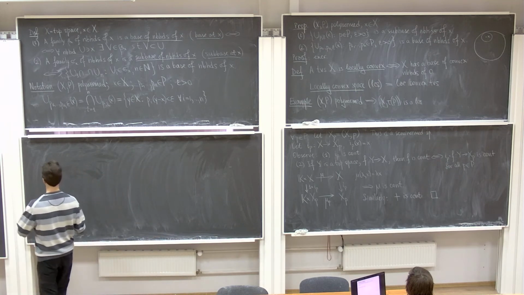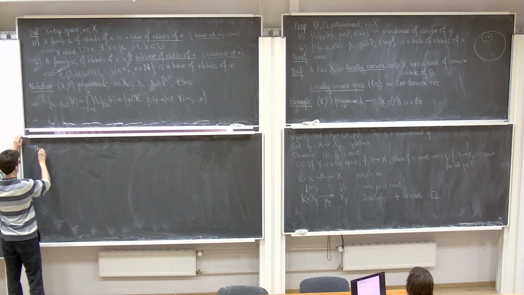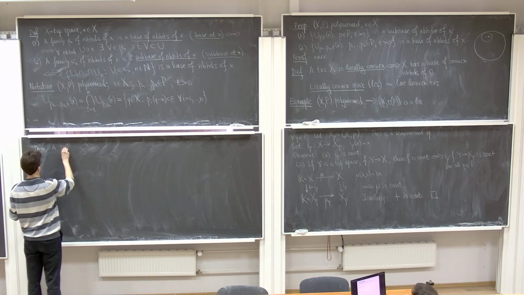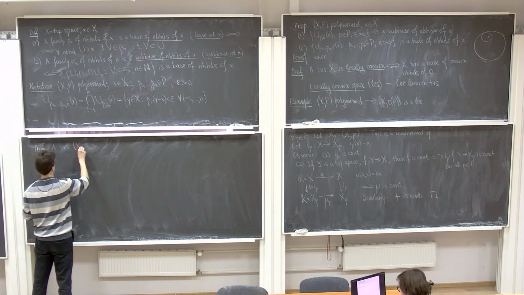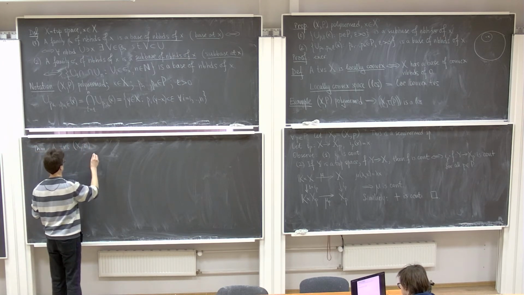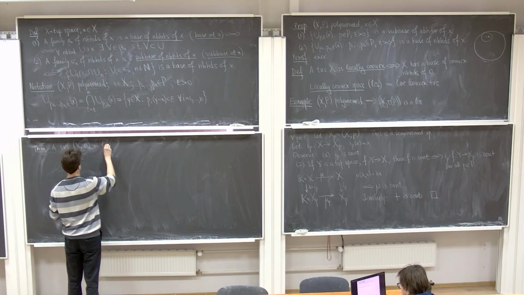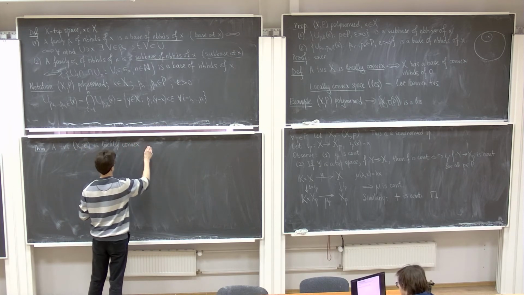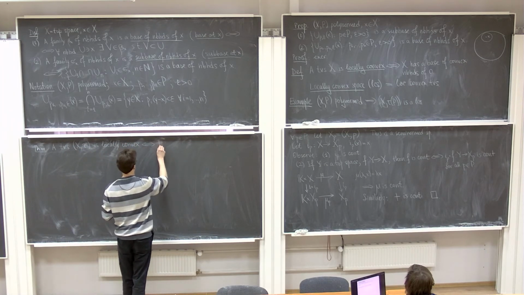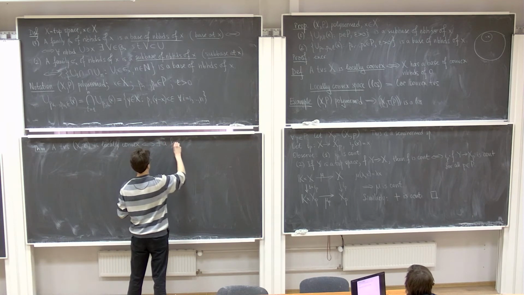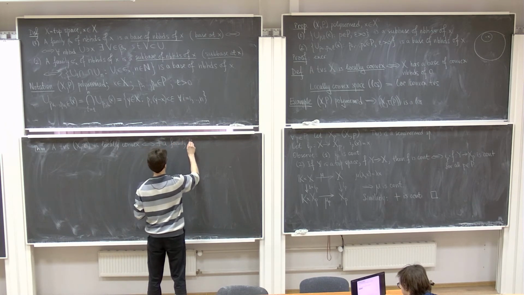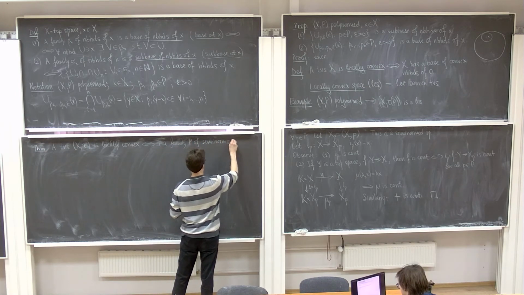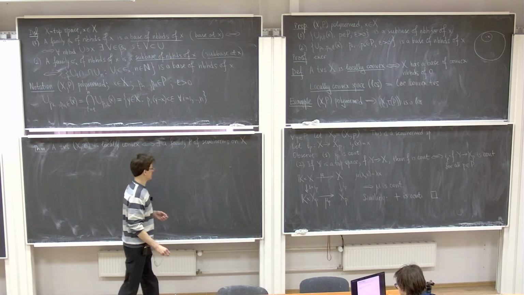We have the following theorem. If we have a topological vector space X with topology tau, then the space is locally convex if and only if there exists a family P of seminorms on X which generates the topology tau.